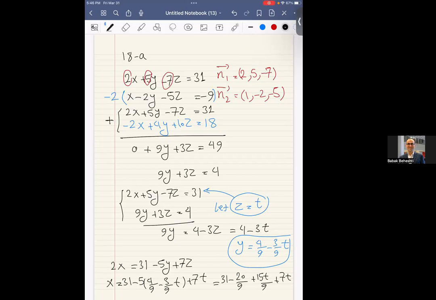I don't have enough space, but you can simplify x. You can say, for example, x equals a constant number plus something times t, and that is x.